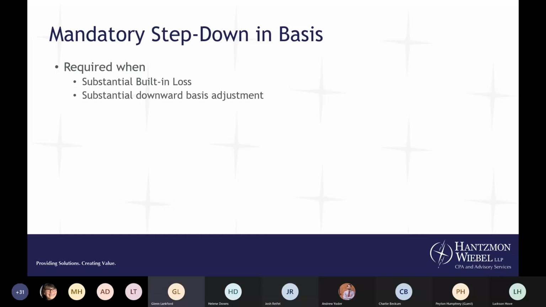And just to tie this together, if you recall, we talked about 743(b) basis adjustments when we were talking about tax basis capital.